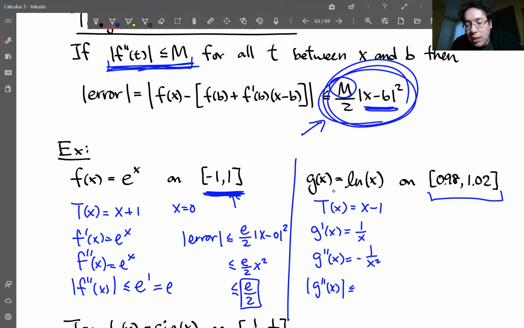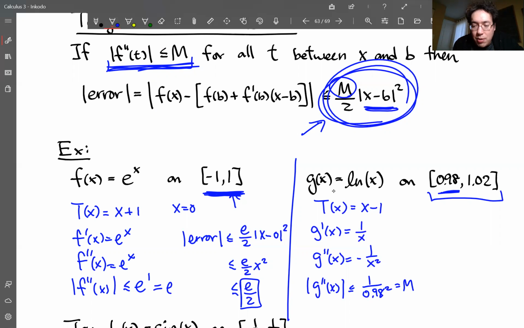And this fraction is largest when the denominator is the smallest. So if I plug in 0.98 for x here, that is the largest the second derivative is going to get in this interval. Okay, so that's my m.